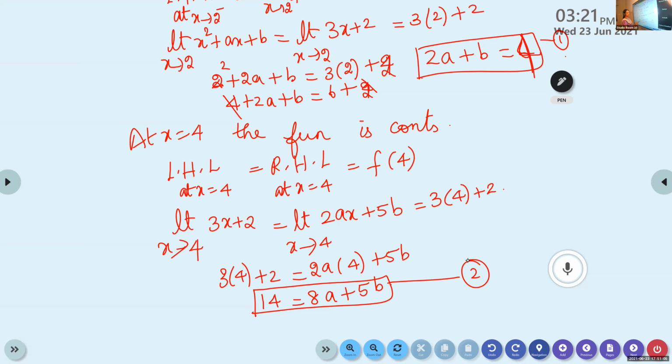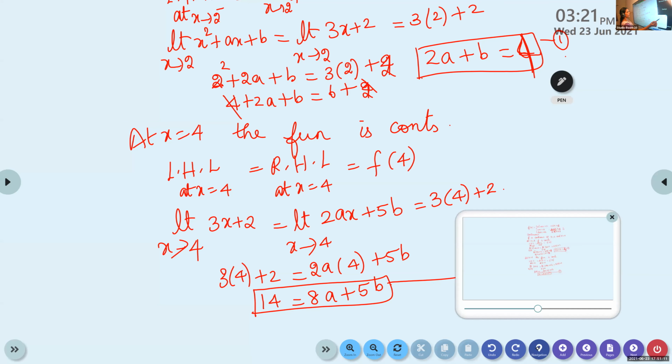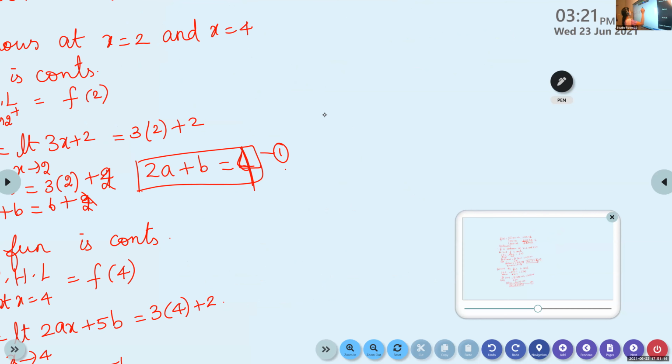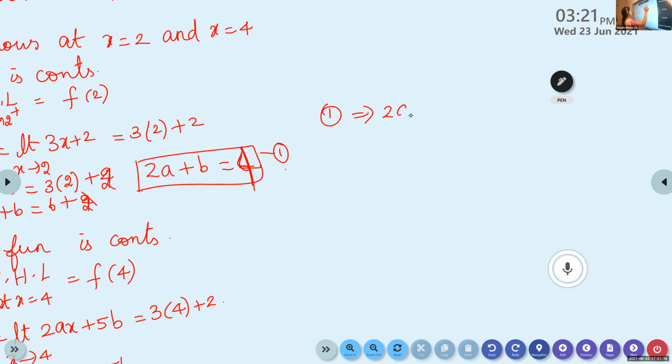So look at the first equation. We have two equations here. Solve these two equations and find out what is a and b. Equation 1 is 2a plus b is 4.